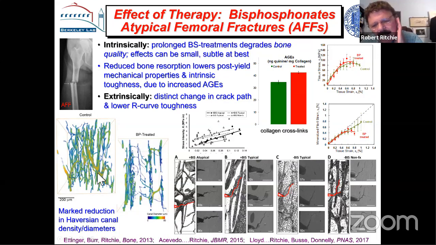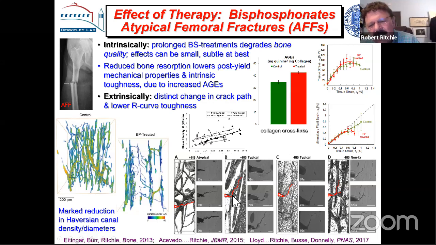This is with Eve Donnelly at Cornell, and we've shown that in people who are susceptible to these fractures when they take bisphosphonates, the cracks simply don't deflect. They run through in a very linear fashion, whereas in people who don't take the bisphosphonates or are not susceptible to this problem, you see the classic crack deflections.